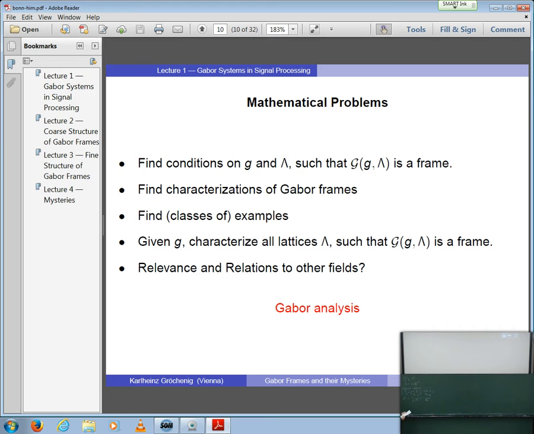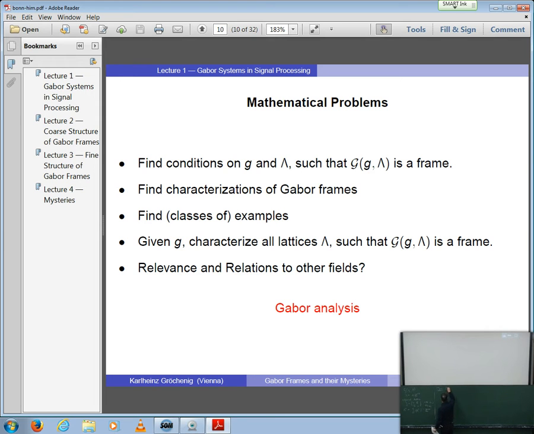So, okay. So now comes, I would say, the fundamental description of Gabor frames. And my goal and ambition for today is to give you or indicate a proof, a more or less complete proof.